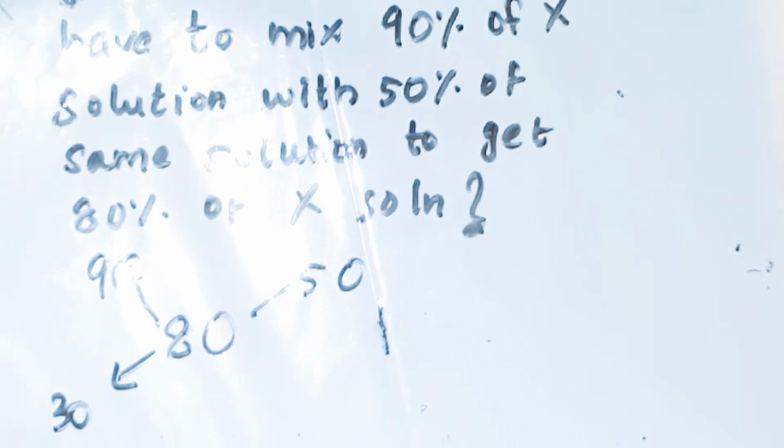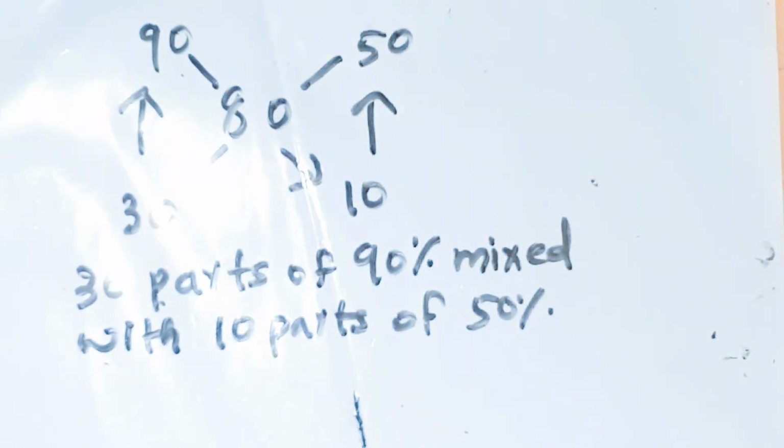And so required strength minus lower strength is 30, and 10 is higher strength minus required strength. 90 minus 80 is 10. Then 80 minus 50 is 30. So now we have got 30 and 10. So 30 parts of 90% mixed with 10 parts of 50%.